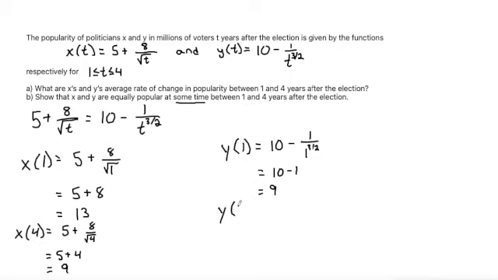And y of 4 is 10 minus 1 over 4 to the power of 3 halves. 4 to the power of 3 halves is the same thing as the square root of 4 cubed. So that would be 10 minus 1 over the square root of 4 to the power of 3.